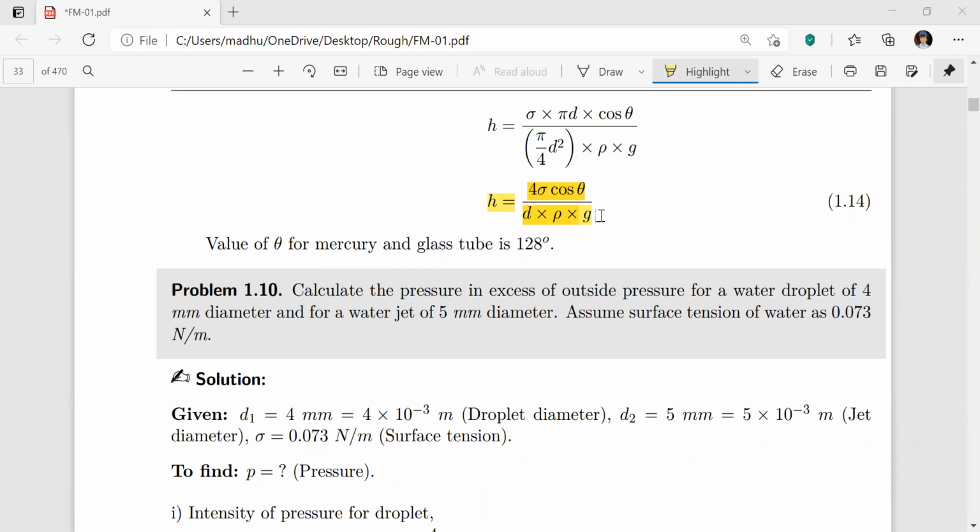Capillary rise will be a positive value, whereas capillary fall will be a negative value of h. But the expression almost remains the same. For both cases, the theta value for mercury and a glass tube is taken as 128 degrees as a standard.